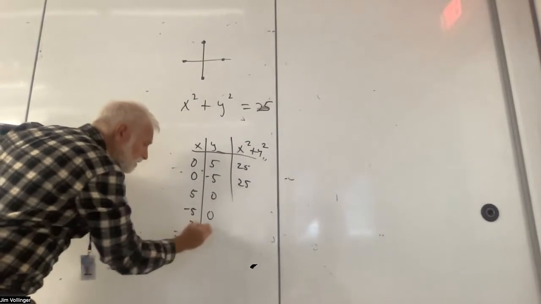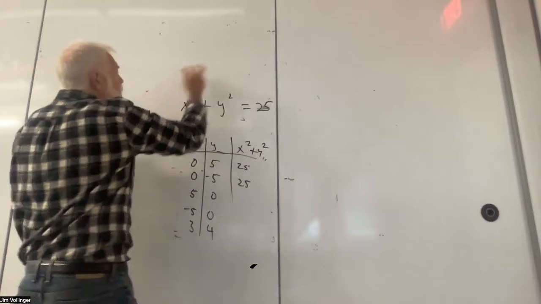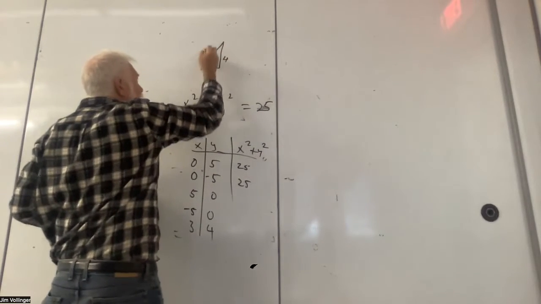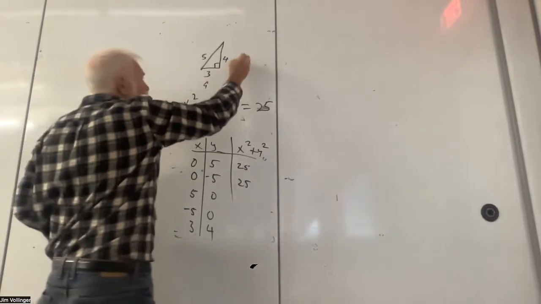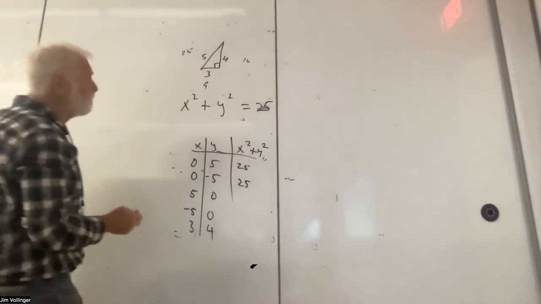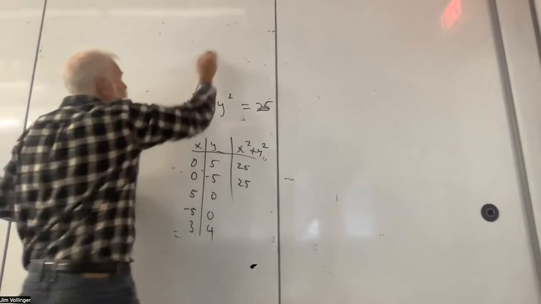Well, a little deeper analysis. You definitely want to be familiar with the 3, 4, 5 triangle, because it's really easy to work with those. 9 units of area, 16 units of area, 25 units of area. So where would that be on our graph that I erased? 3, 4.